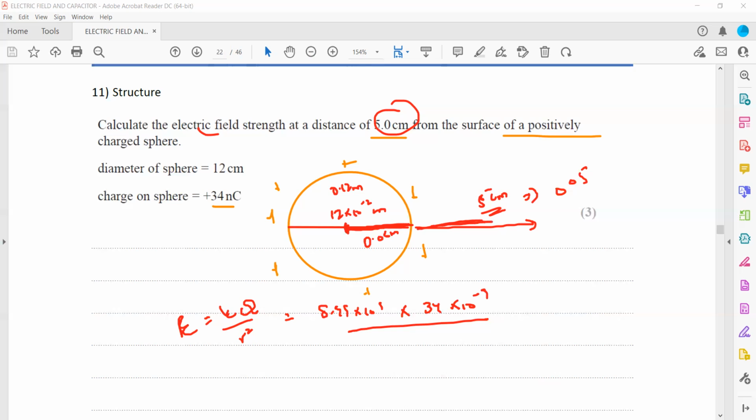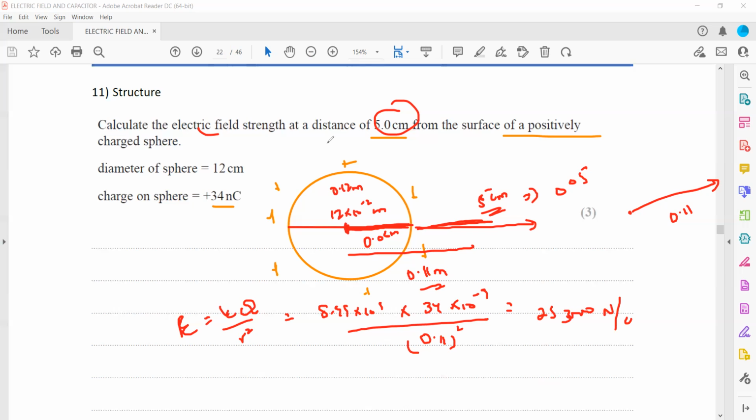When we sum, the distance from the center will be 0.11 meter, because r is the distance from the center. So 0.11, and then r squared. When we substitute, it will be about 25,300 Newton per coulomb.